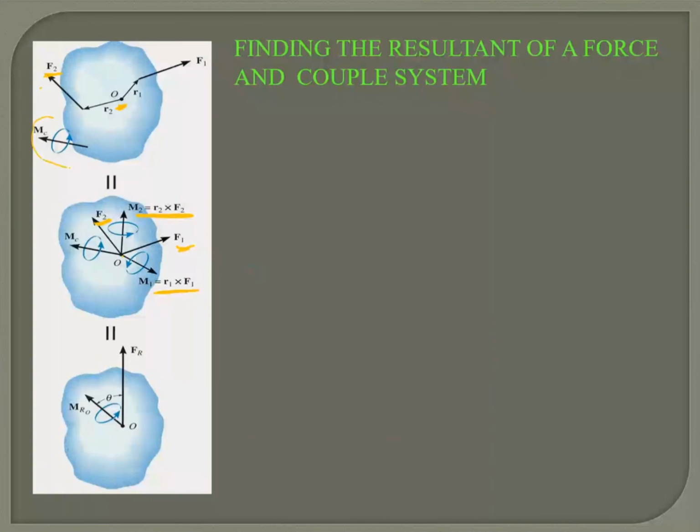And as I said, this is a free vector you can apply anywhere. So basically, all those couple moments are free vectors. So you add all the forces, you get this. You add all the moments, you get this. So what I did, I moved the guy from here to here. Is that clear?